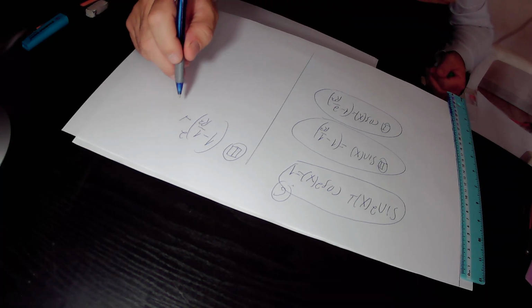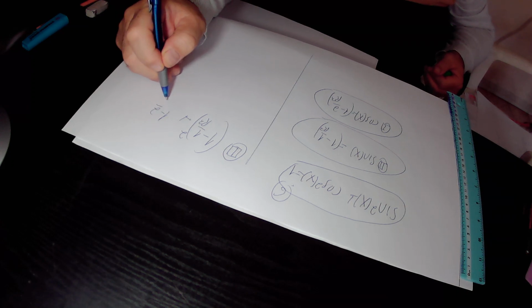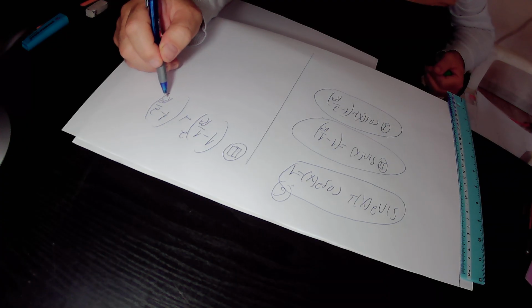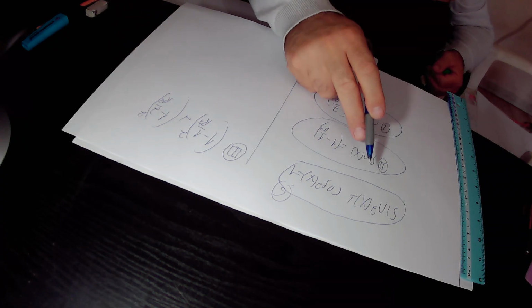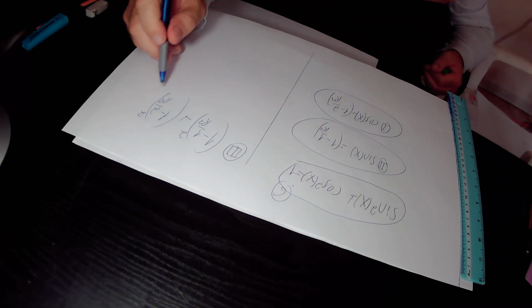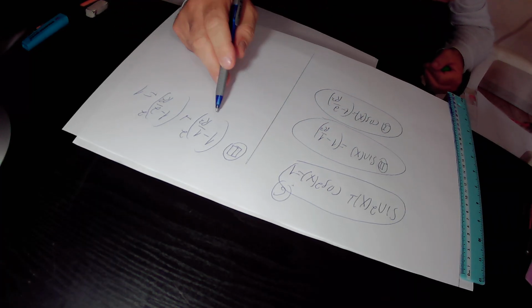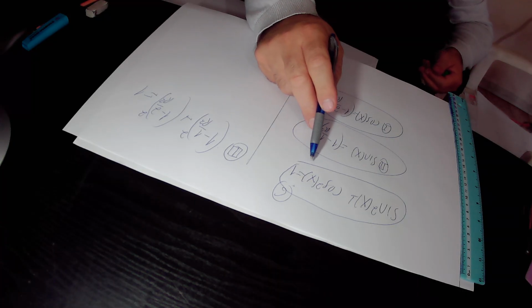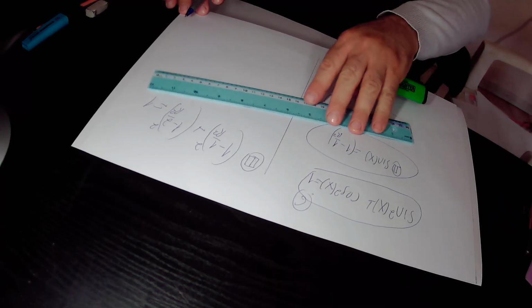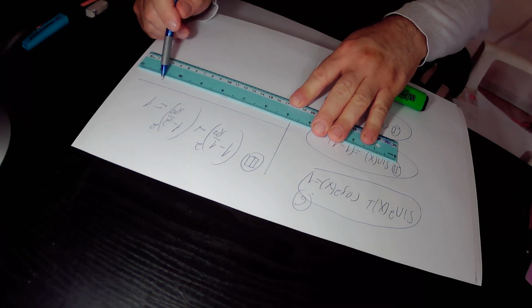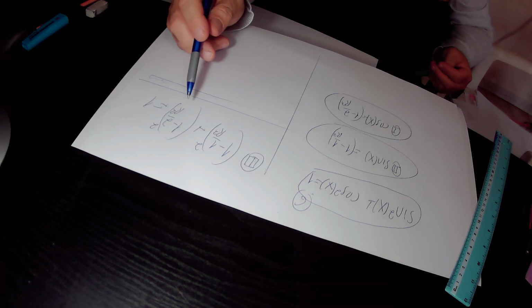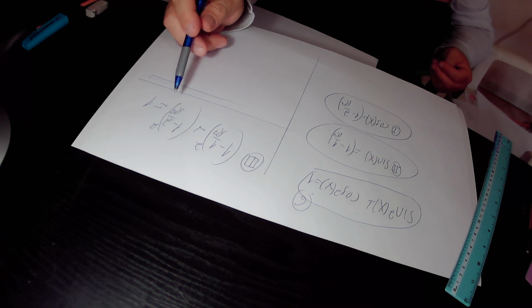Cosine x equals 1 minus 2 over r squared, therefore cosine squared x will be 1 minus 2 over r squared, squared. And sine squared x plus cosine squared x equals 1. This is sine squared x, this is cosine squared x, and the sum of those two expressions equals 1 according to this trigonometric identity. So we found out that according to equation 3, (1 minus 1 over r squared) squared plus (1 minus 2 over r squared) squared equals 1.